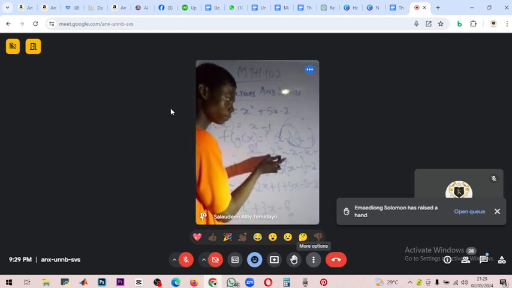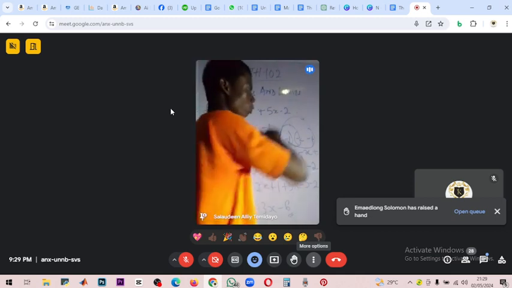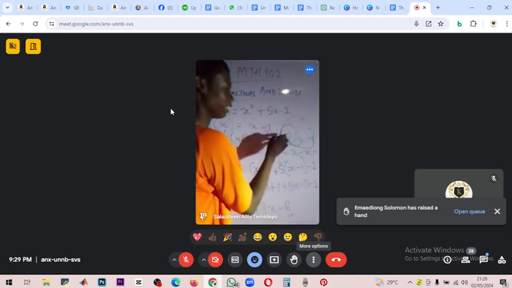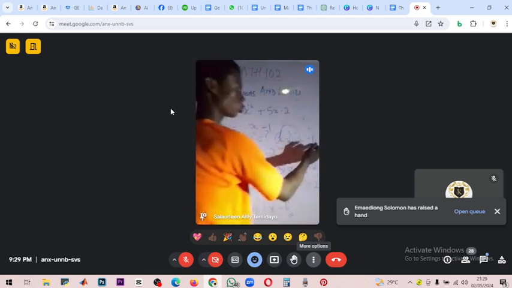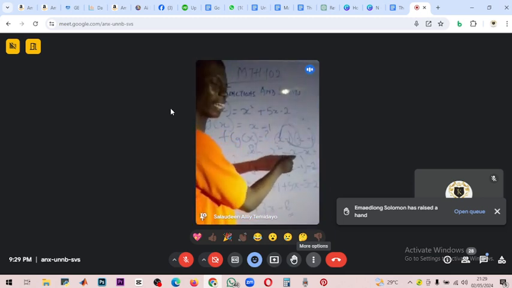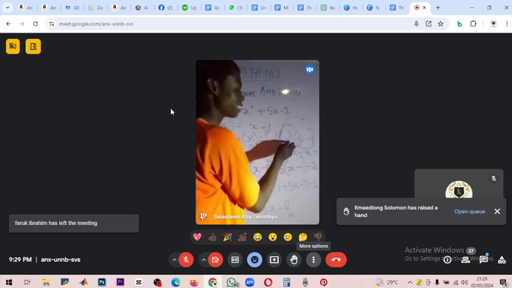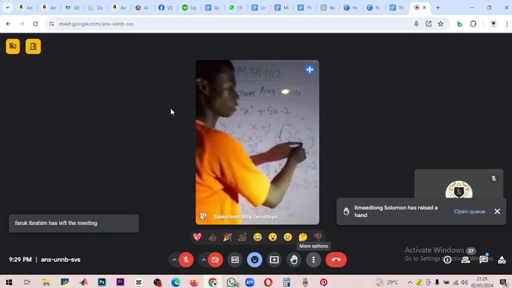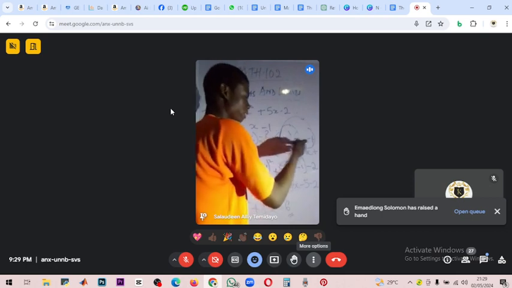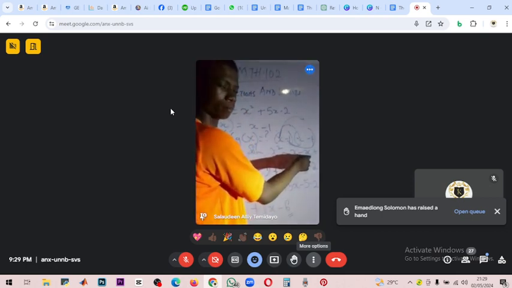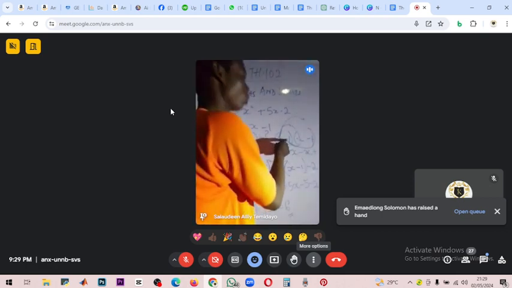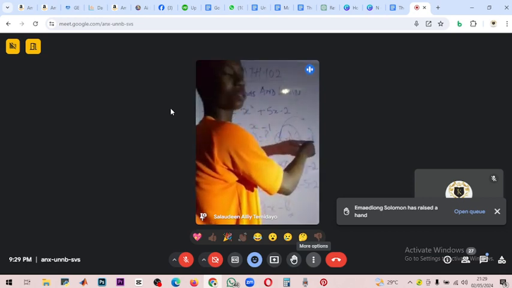That is x squared. Now you take the first value of this one to multiply the second value in that one. That is x times minus 1, that is minus x. You now take the second value of this one to multiply the first value of this one. That's minus 1 times x, minus x again. You now take the second value of this one to multiply the second value of this one itself.